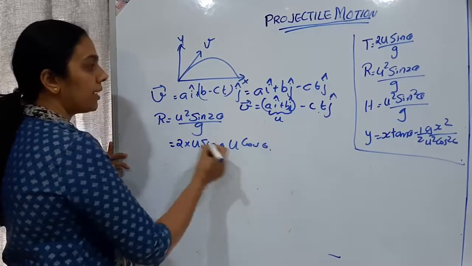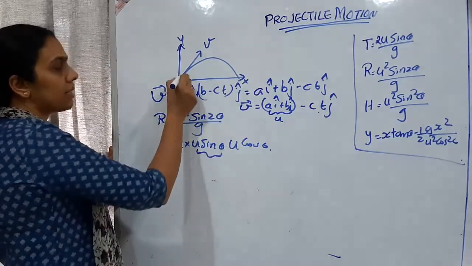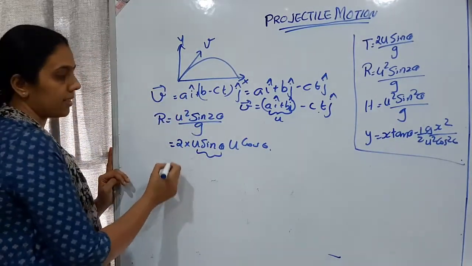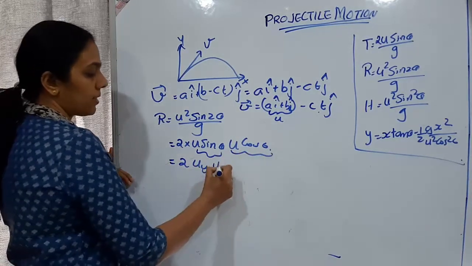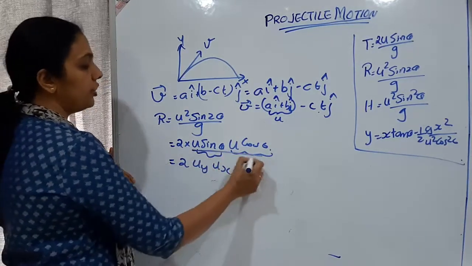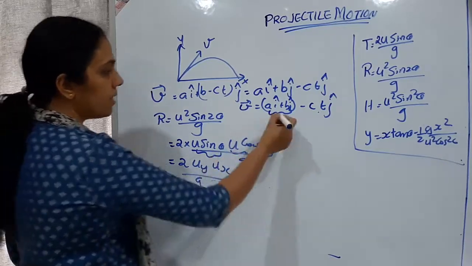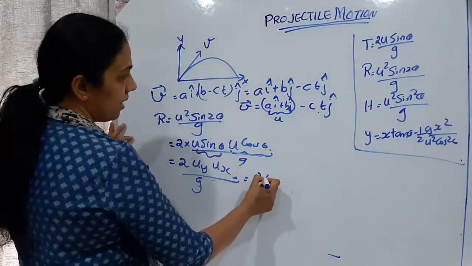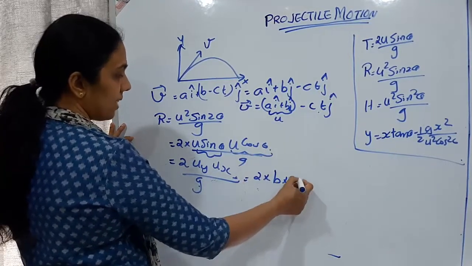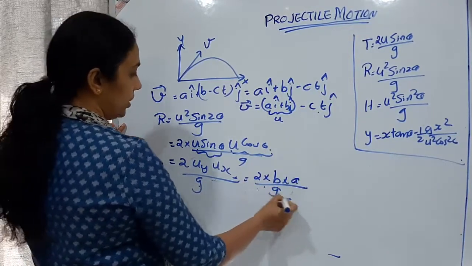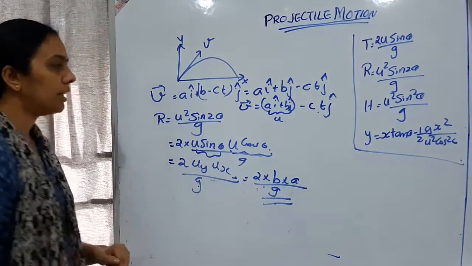What is u sin theta? It is the velocity along the y-axis. So 2 uy ux by g. What is uy here? uy is the b component, ux is a, divided by g. This will be the range.